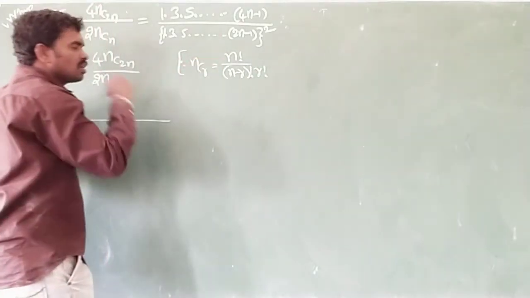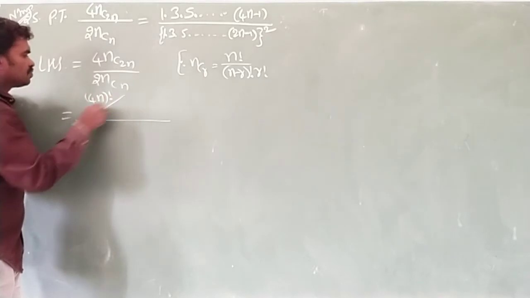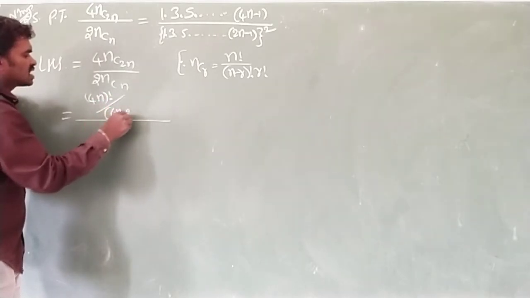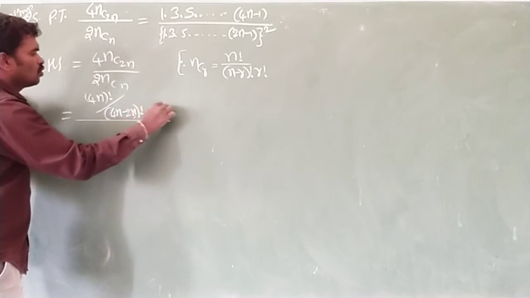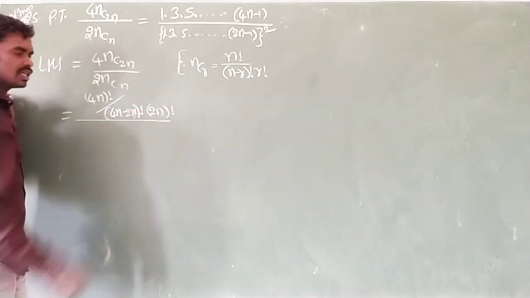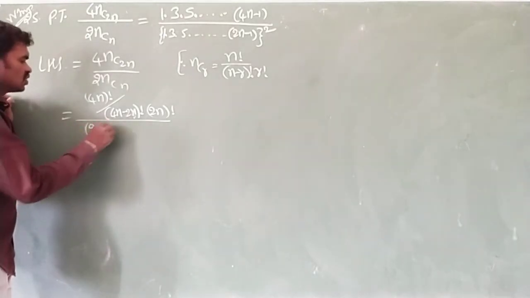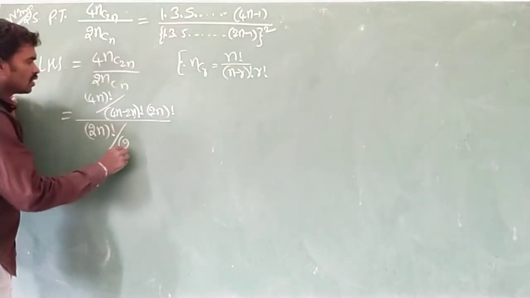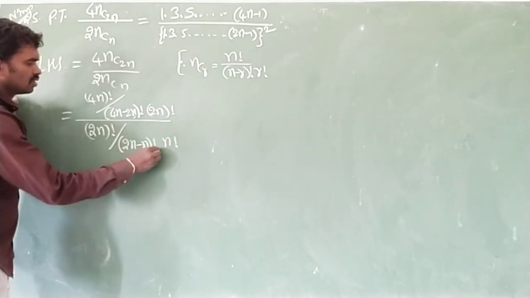Using that, 4nC2n is 4n factorial by (4n minus 2n) factorial into 2n factorial. So put in bracket. Next 2nCn means what? Same: 2n factorial by (2n minus n) factorial into n factorial.